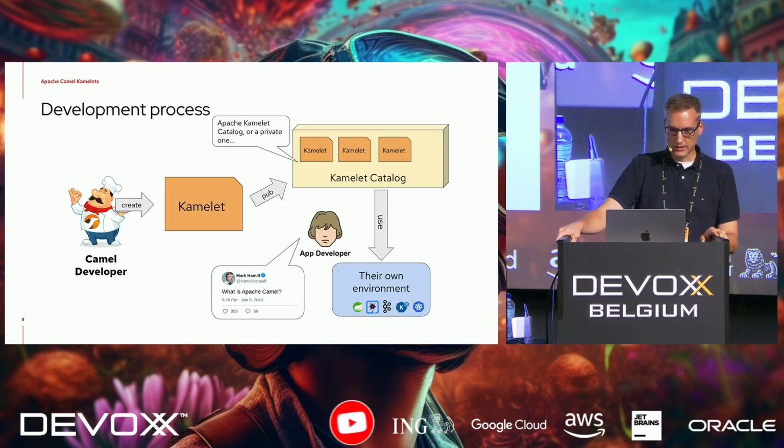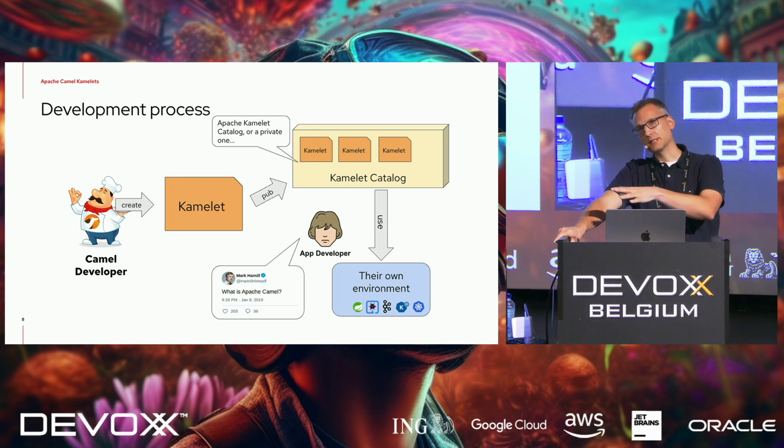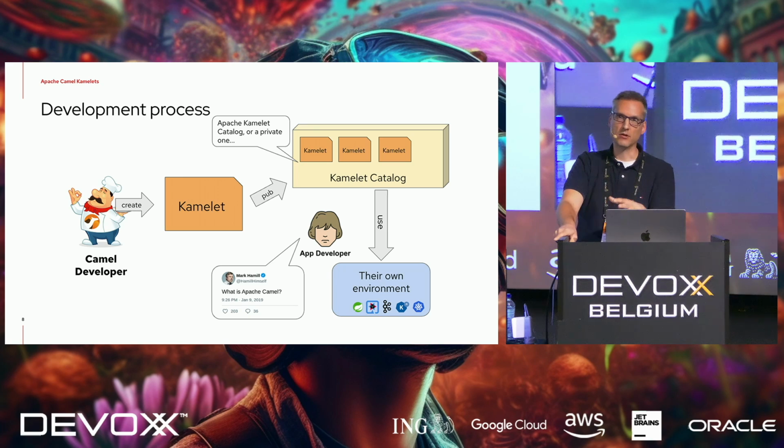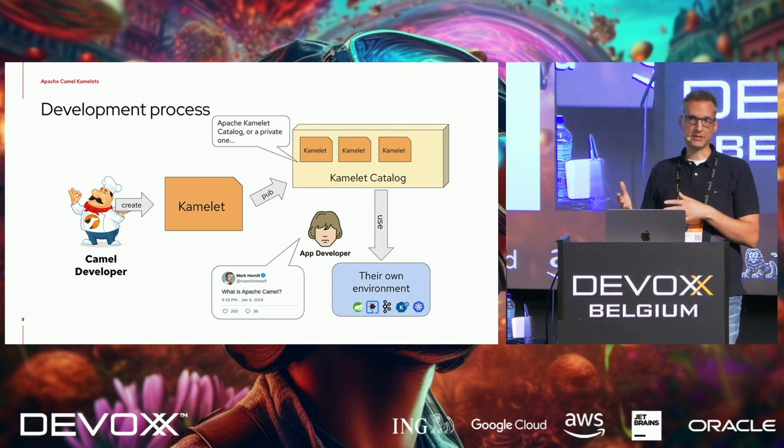So the development process could look like this. A Camel developer that knows Camel writes a Camelet and pushes this into a so-called catalog. The catalog could be the open source catalog, which is available in the Apache Software Foundation. It could also be a private one for your company. Once the Camelet is listed in this catalog, every app developer can make use of it, and the app developer does not necessarily need to know Apache Camel.